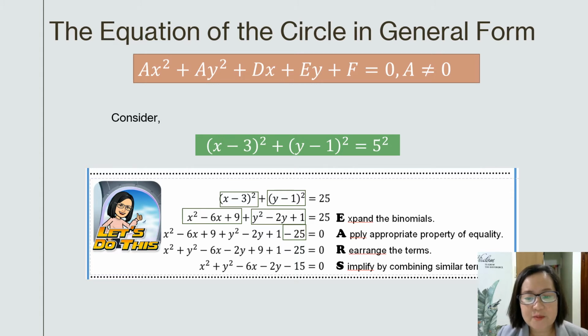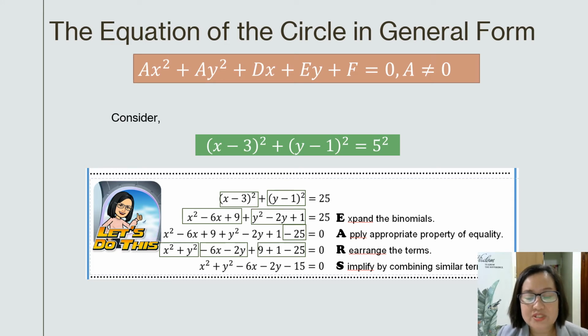The third step is to rearrange the terms in such a way that the first group are the quadratic terms, x squared and y squared. The second group are the linear terms, negative 6x and negative 2y. And the last group comprises the constant terms 9, 1, and negative 25.